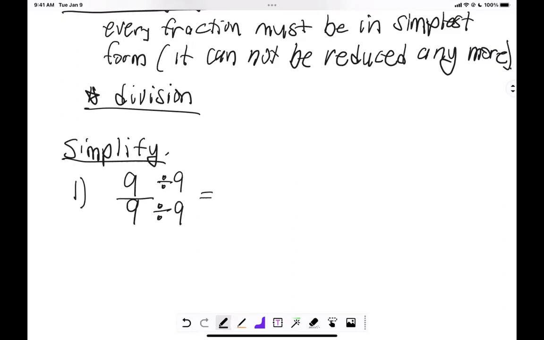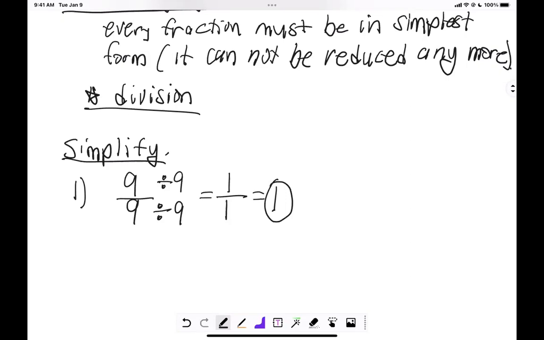Whatever you do to the numerator, you have to do to the denominator to keep it equal. 9 divided by 9 is 1 for my numerator, and 9 divided by 9 is 1 for my denominator, and 1 over 1 is just 1. That would be the simplest form, 1.